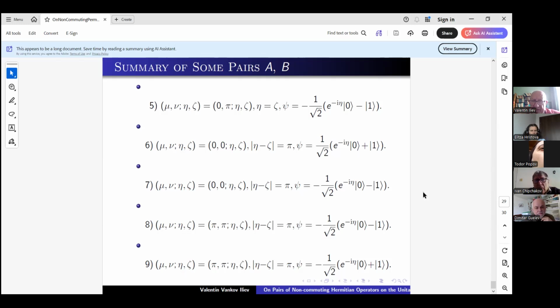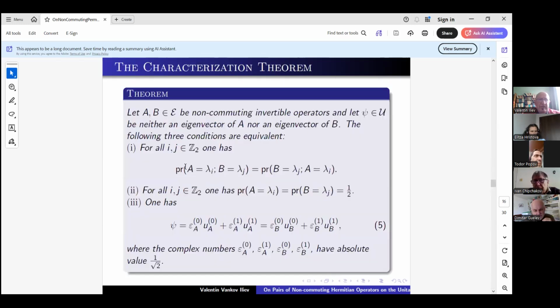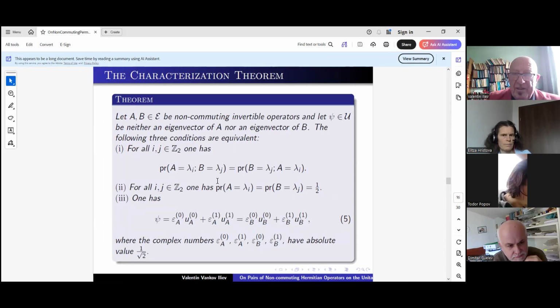I gave a definition of permutable measurements. This means those two probabilities commute here. So it doesn't matter if you apply first measurement A, then measurement B, or measurement B, then measurement A. You get one and the same pair of results.